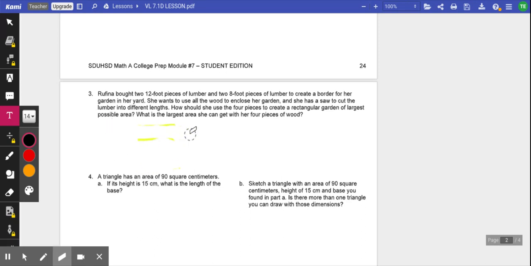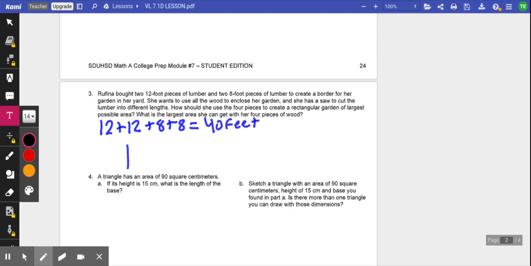Okay, so first I have to know how much wood does she have? I have to figure out the perimeter. So she bought two 12-foot pieces of wood, so 12 plus 12, and two 8-foot pieces of wood, 8 plus 8. So right now I know that 12 plus 8 is 20, so 20 plus 20 is 40. We've got 40 feet of wood to work with.